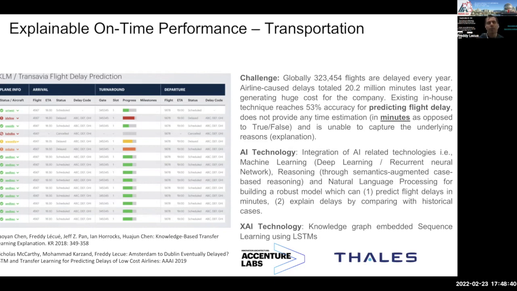So if you do have the explanation of why your plane is late, you might be correcting for the next schedule accordingly, rather than just saying, well, I know it's late, but we have no idea. And actually it's a sequence of actions occurring over the set of flights, and there are quite a few techniques for exposing explanations. And that's some work that we published at AAAI two years ago.